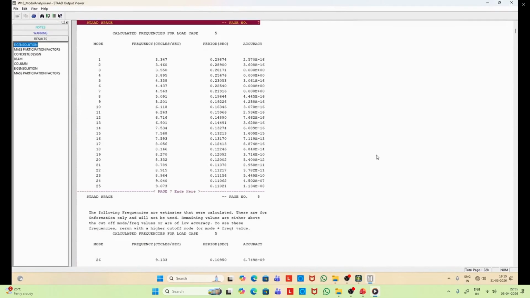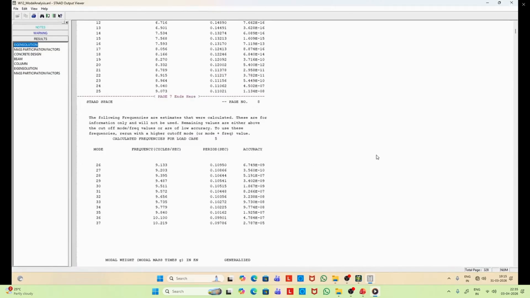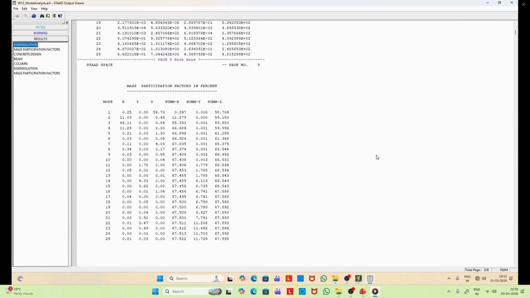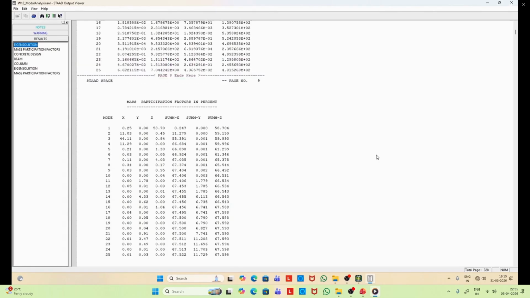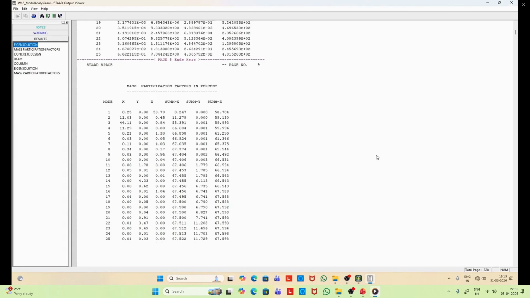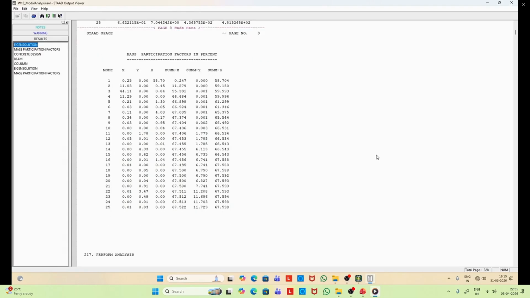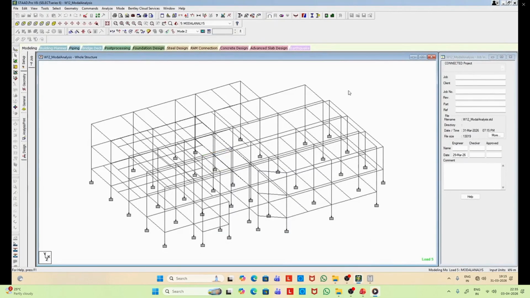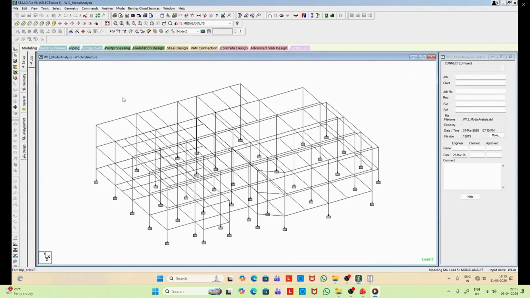Again, here you can see it goes up to 9 Hertz, and here again still it is up to 67. It has increased, but still 67%. So we have to go beyond. Normally we go up to 20-25 Hertz frequencies to cover the 90 to 95% of the modal mass. Here we only have up to 7 Hertz. So you can repeat that exercise.